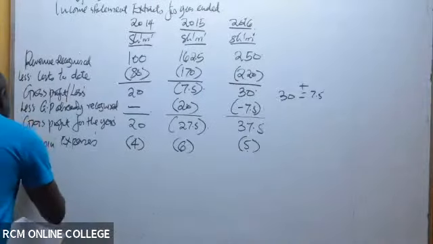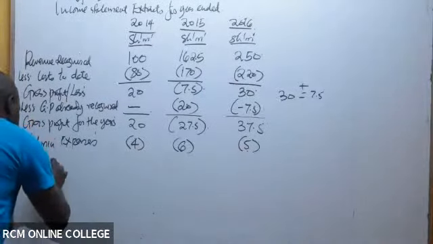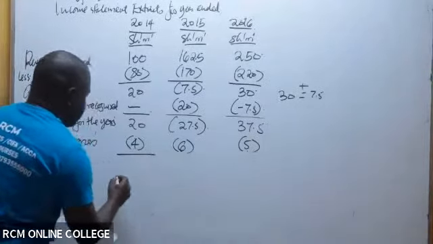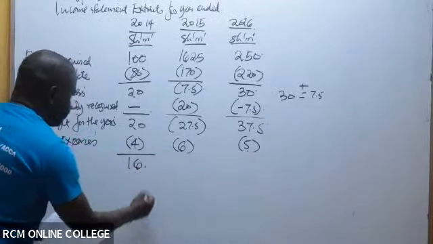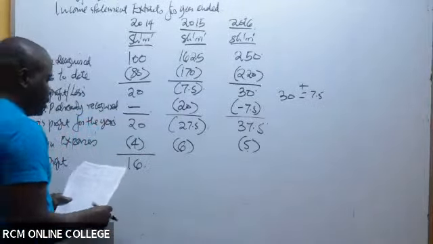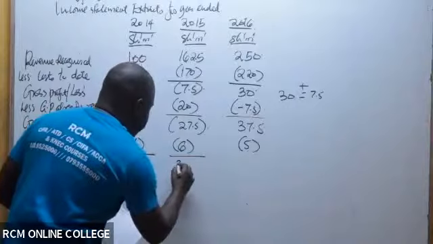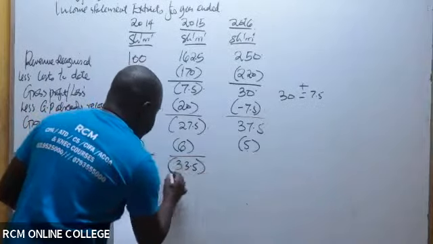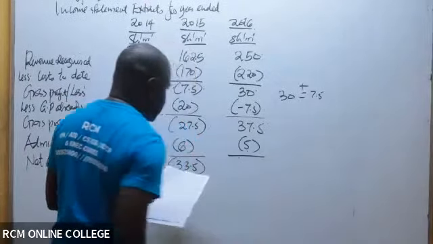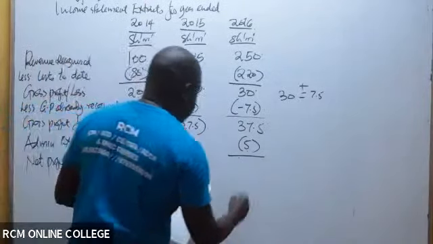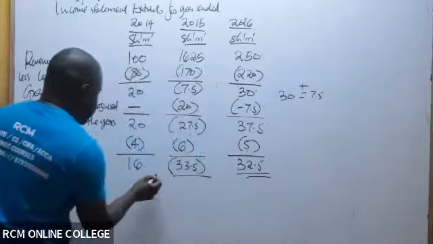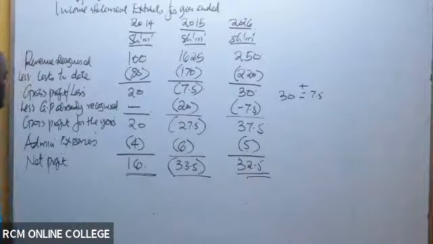So you'll get the net profit for each and every year for the contract. This one will likely be 16. When you minus, this one is negative 33.5, and this one will be 32.5.